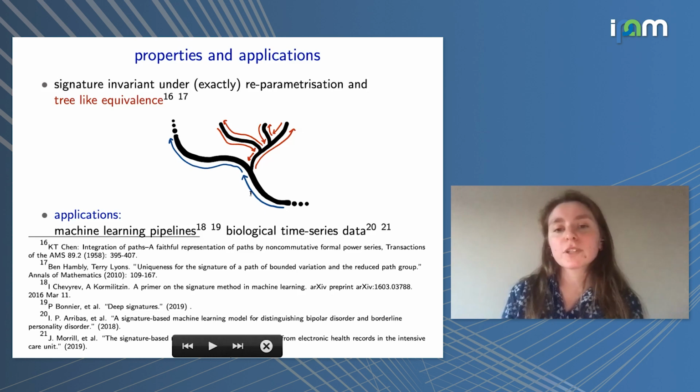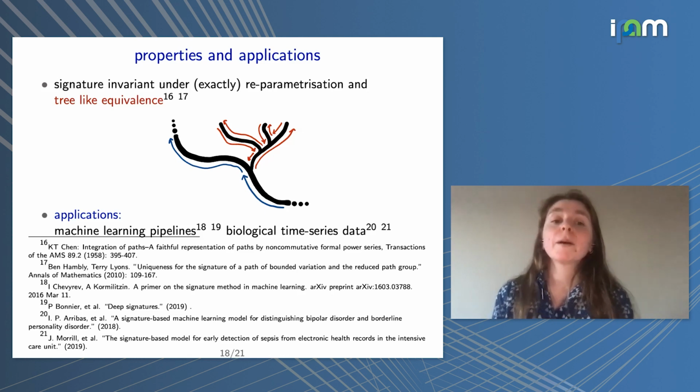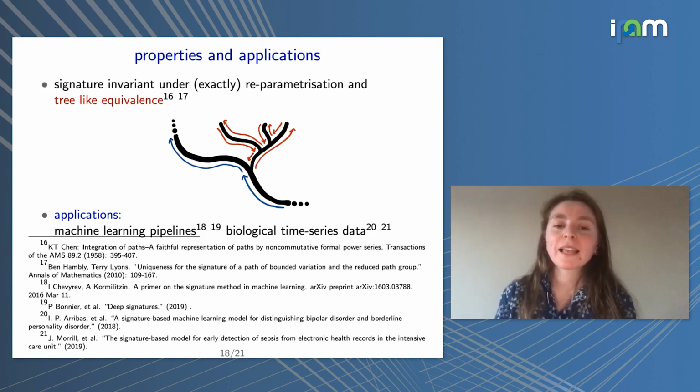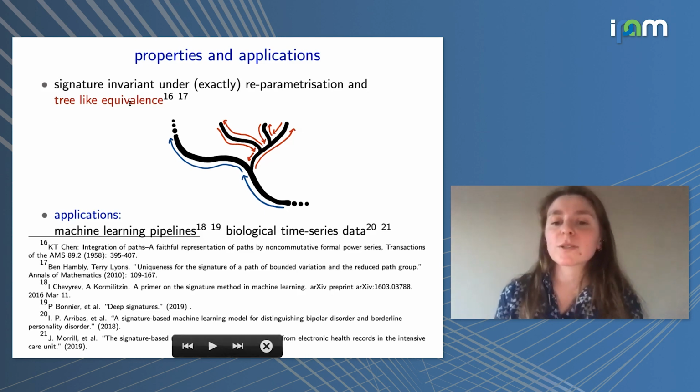So the signature of just this blue path and this whole path here, where we also follow the red arrows before rejoining the blue path, will not be distinguished by the signature. But if we have two paths that are not equivalent under reparameterization, or what's known as tree-like equivalence, then their signatures will be different.